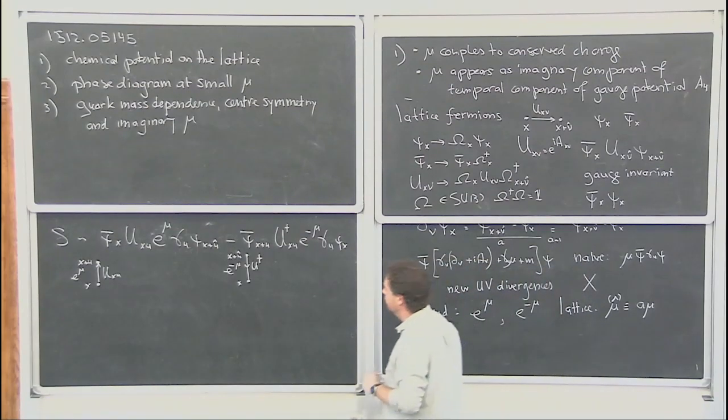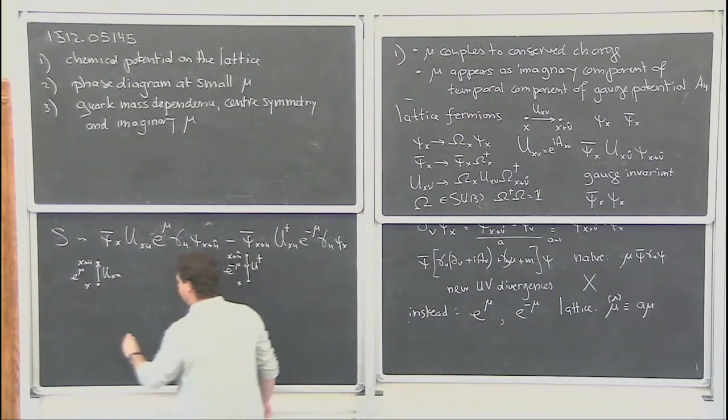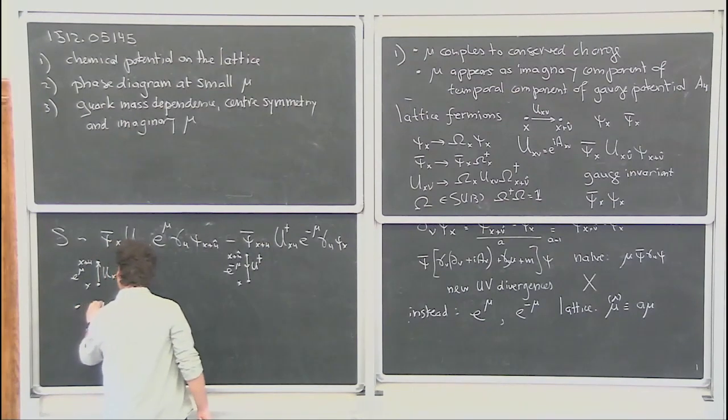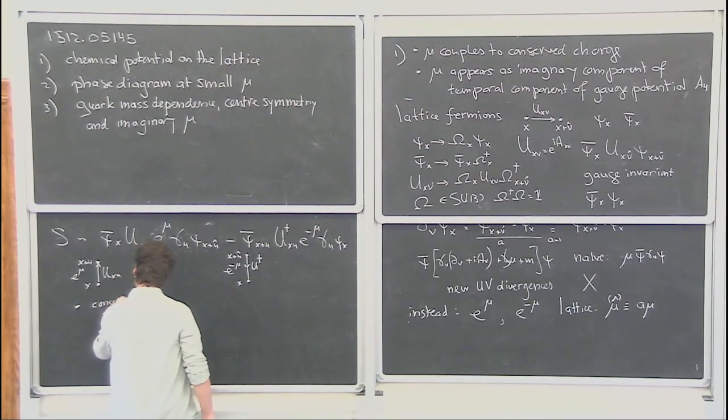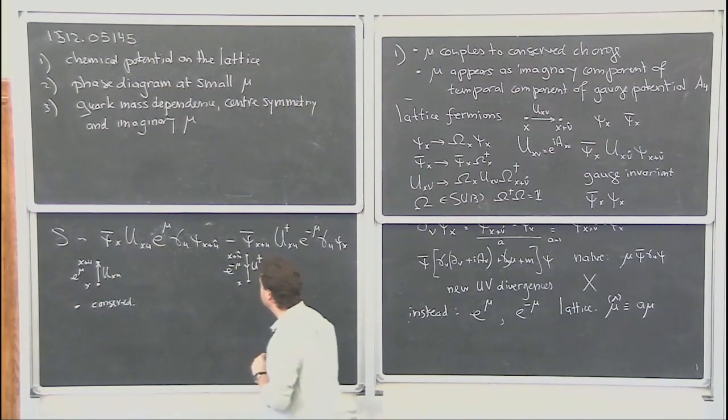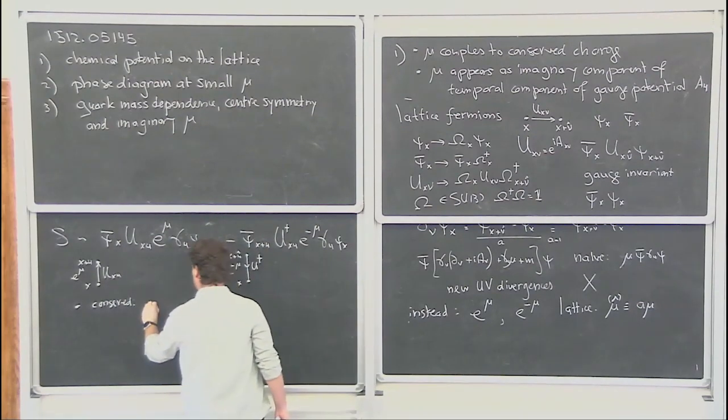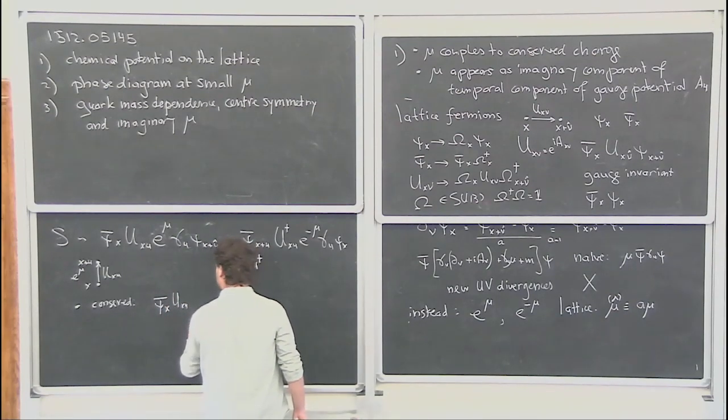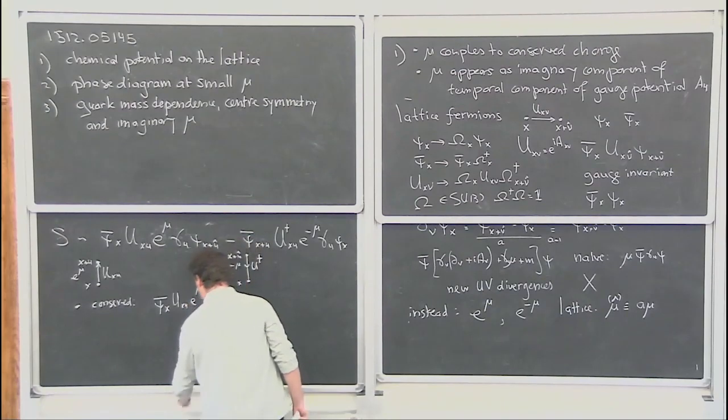So now you can check a few things. First, the conserved charge. Indeed, if I differentiate with respect to mu, I get the conserved charge, which is of the form psi bar x U x4 e to the mu, well, the same expression basically, but with a plus sign in between.